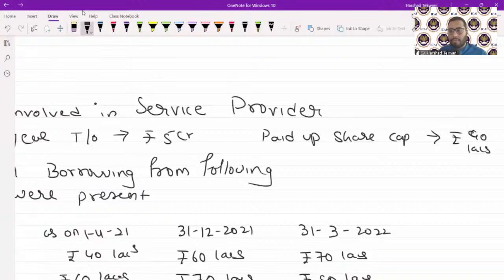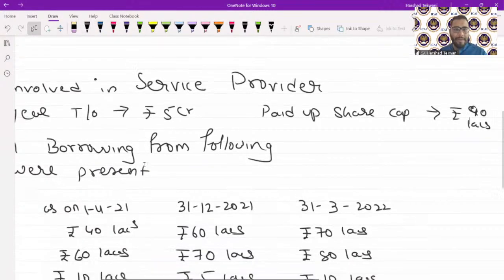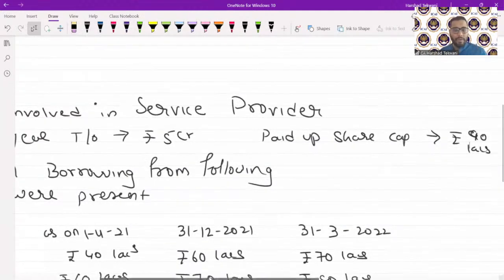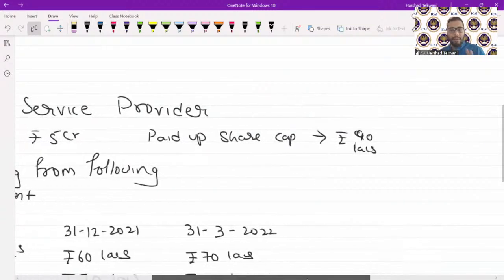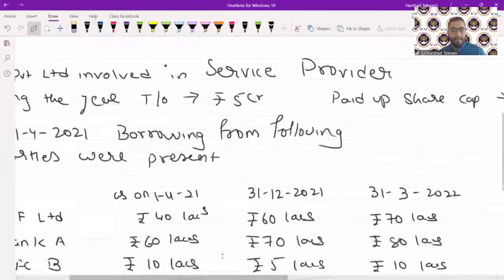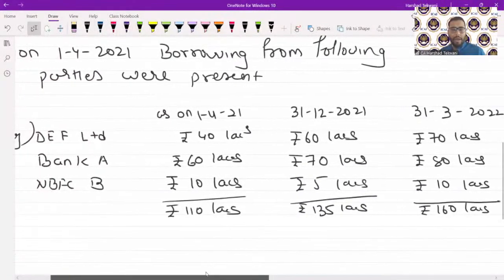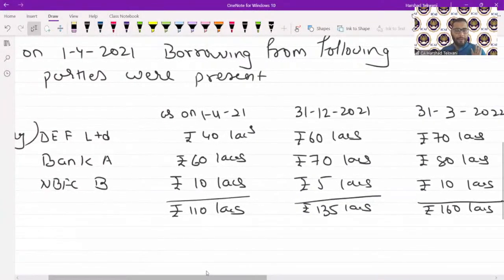Now tell me, whether CARO 2020 will be applicable or not. Now the company is a service provider, turnover is 5 crore rupees, not more than that. Paid up share capital is 90 lakhs. Now the borrowing has been changed over here. This is the borrowing we are talking about as of now. Now you tell me, CARO 2020 will be applicable or not?